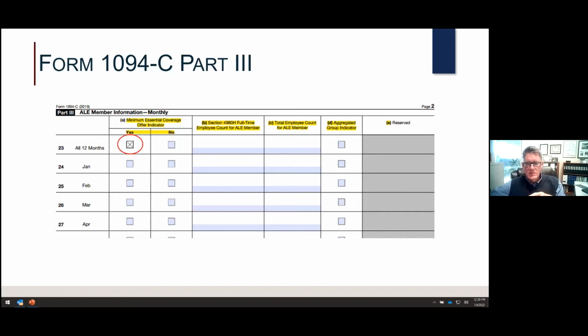When we look at the actual completion of the 1095 and go through some of the codes, we're going to talk about what codes might go in the 1095 in situations where the employees waive coverage. But the waiver is not data that the IRS is all that interested in.